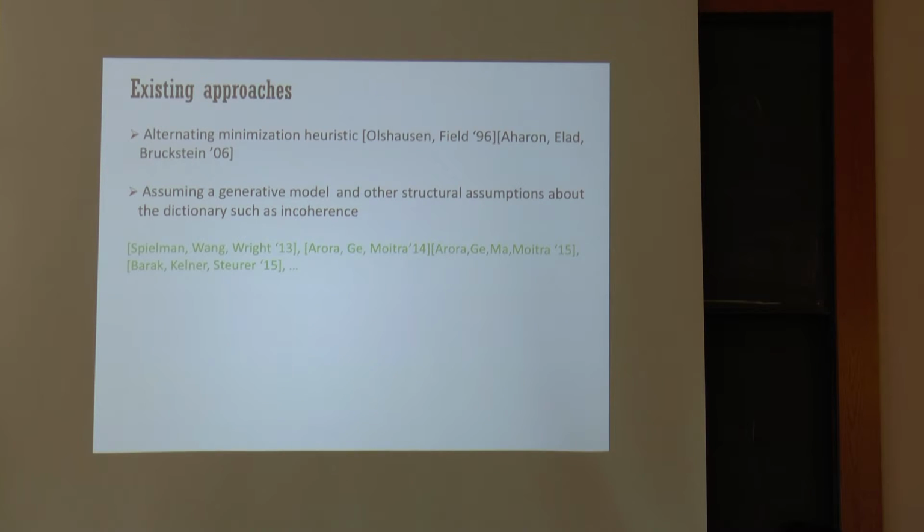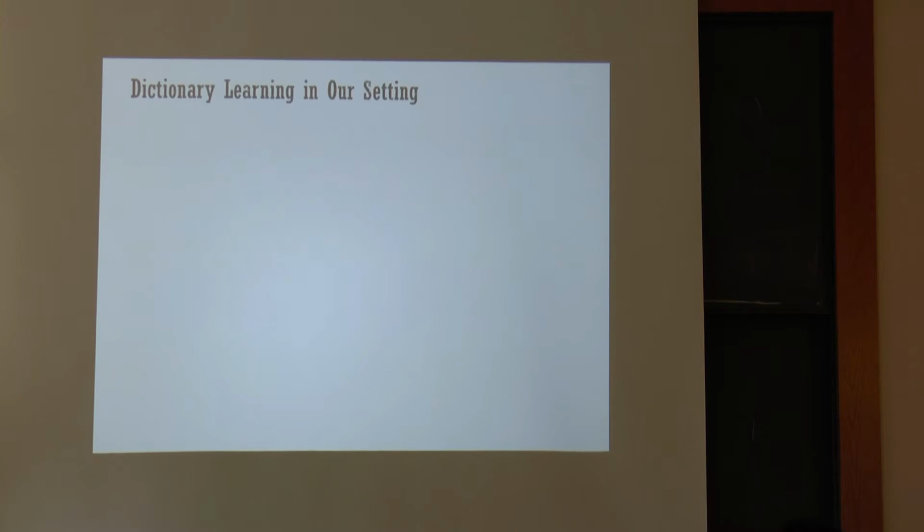Often we assume generative models for the dictionary, so that X is really generated from A times Y plus some noise, and there are also assumptions on Y and on A. In this paper, we are going to do a discriminative version without these assumptions, and we also have to do it in an improper way, which I'm going to talk about.